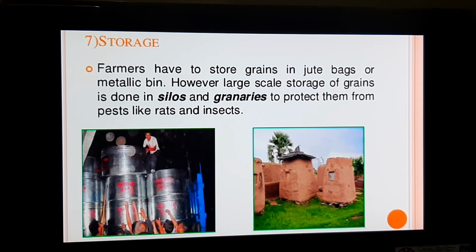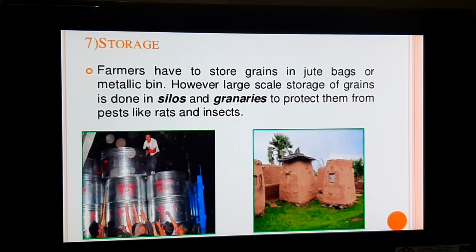After harvesting, farmers keep the grains for drying in the hot sunlight to free them from moisture, so the grains can remain for a long time and insects and rats will not attack them. But the storage part is most important, because in storage rats and insects may attack the grains. To prevent this attack, silos and granaries are used.